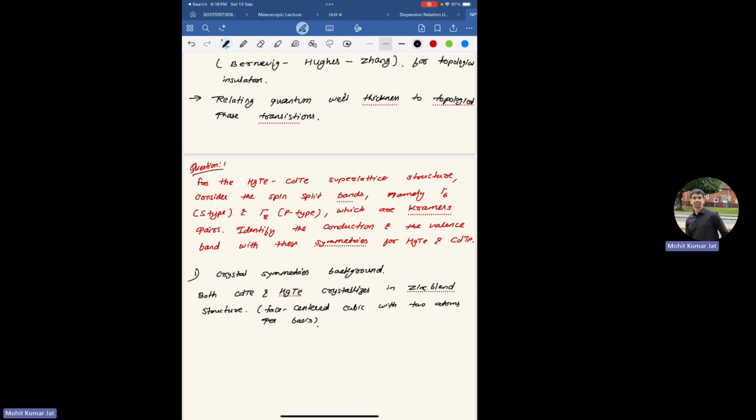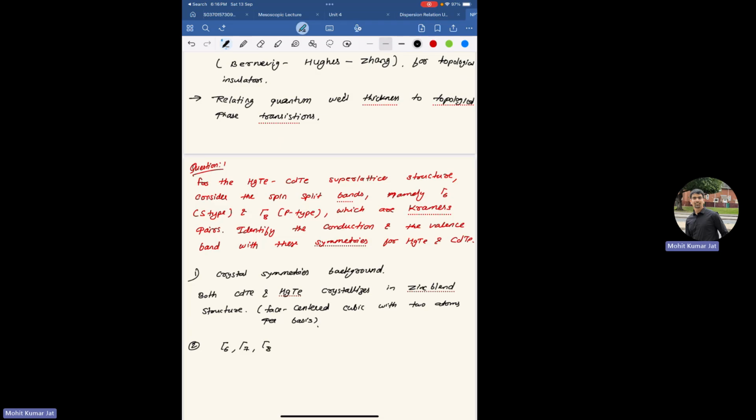At the Brillouin zone center, which is what we call the gamma point, electronic states are classified by the representation of the crystal symmetry. Commonly, we use labels like gamma 6, gamma 7, gamma 8.